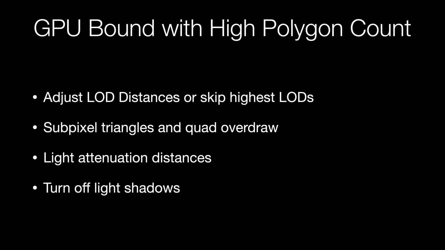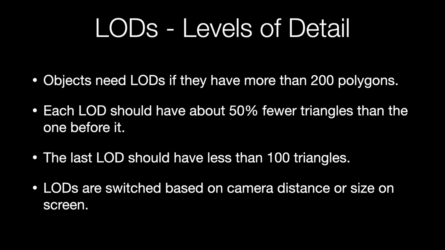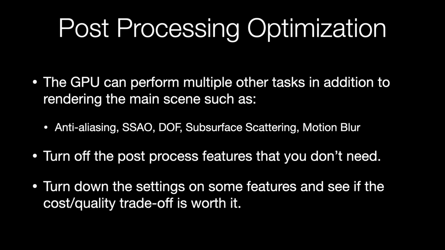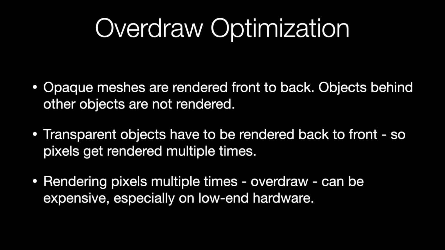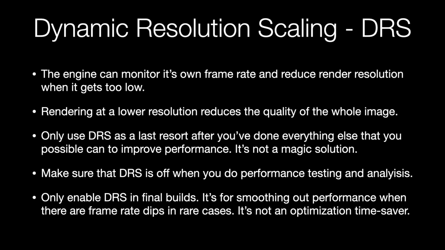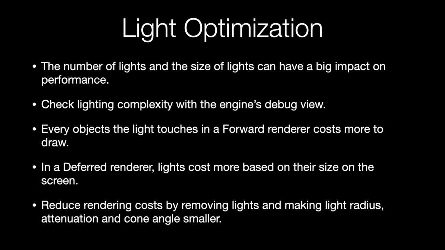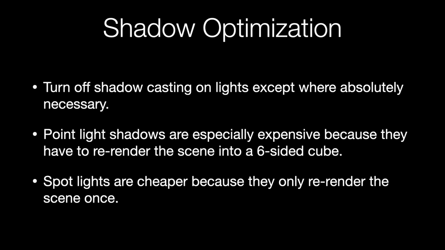And in episode 6, we went over what to do if you're GPU bound. We talked about adjusting LODs to reduce the polygon count, and changing post-process effects, overdraw, and dynamic resolution scaling to reduce the cost of rendering pixels. We also went over several different ways to optimize the lighting in your scene.